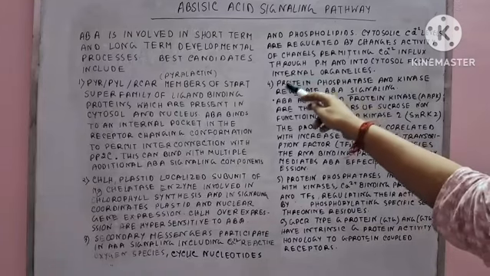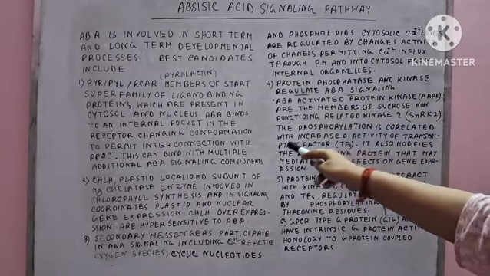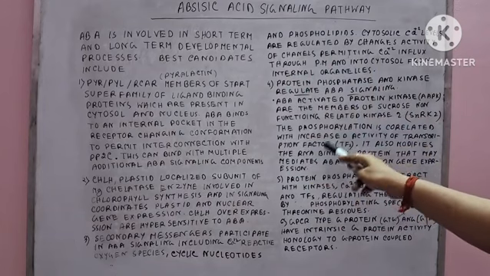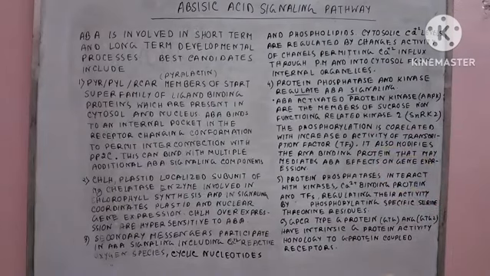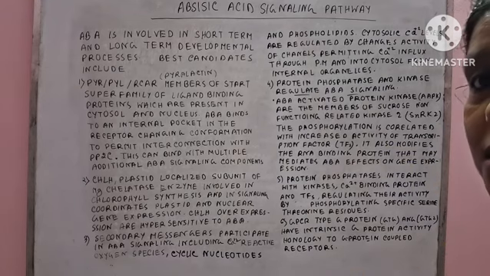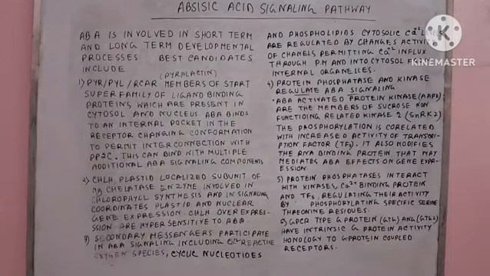So phosphorylation of this protein induces transcription factor activity, and if the transcription factors become active, then transcription will occur, controlling the ABA signaling process.